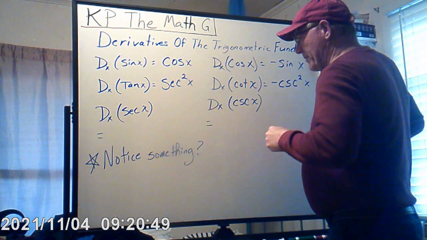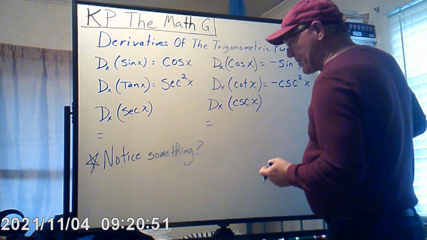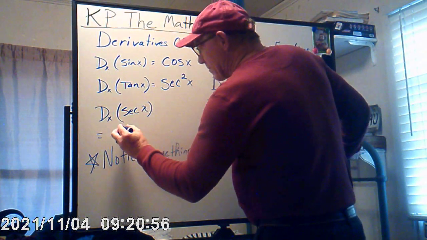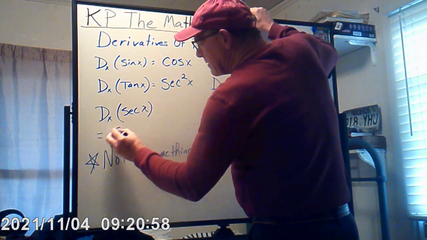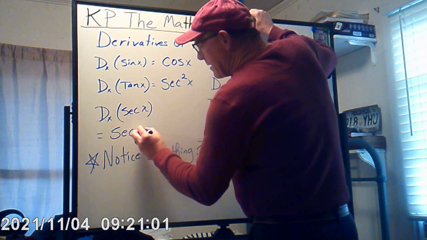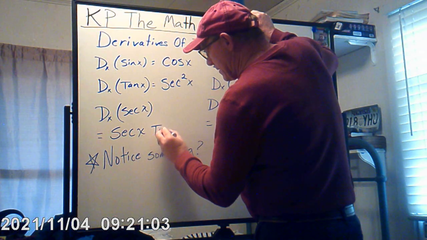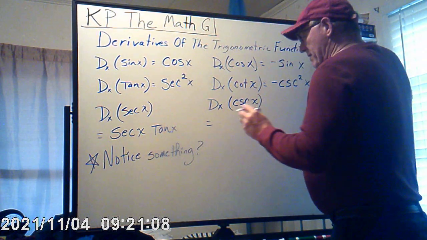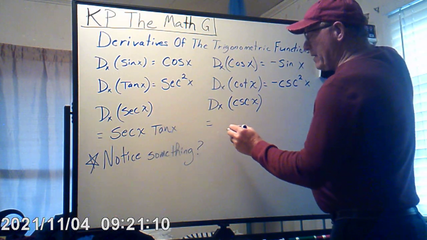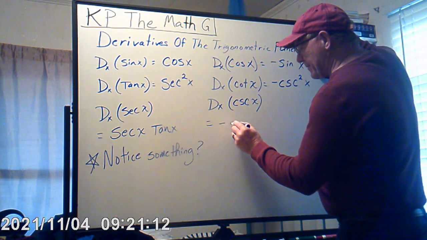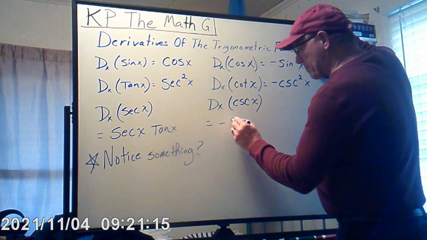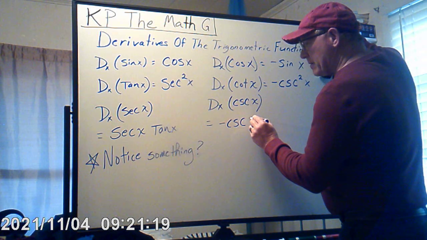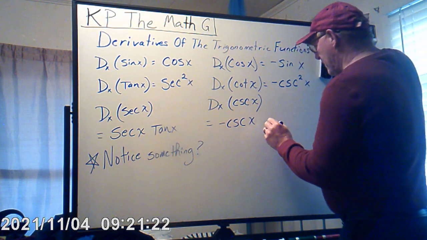The derivative of secant, I put this equal sign lower because it is a little longer, is secant x tangent x. The derivative of cosecant is negative cosecant cotangent.